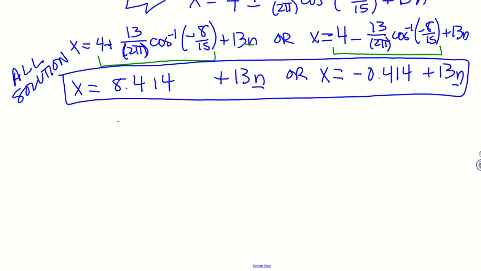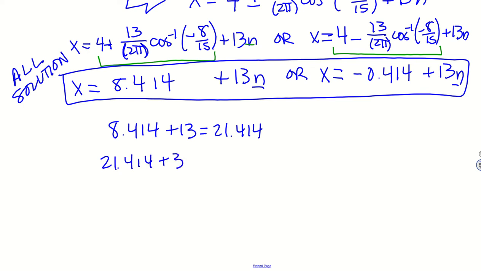So I could take 8.414 and I could add 13 to it. And that would give me 21.414. I could take 21.414, add 13 to that, and that would give me 34.414.